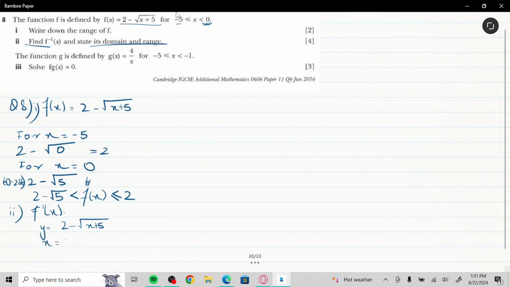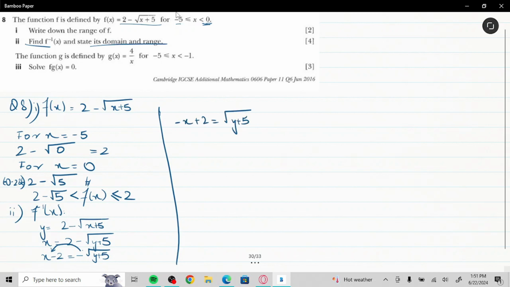Interchange the x and y values: x is 2 minus under root y plus 5. To make y the subject, x minus 2 equals minus under root y plus 5. We can take this negative sign so that it's multiplied by x minus 2. So instead of x minus 2, it will become minus x plus 2 equals under root y plus 5, which is 2 minus x.